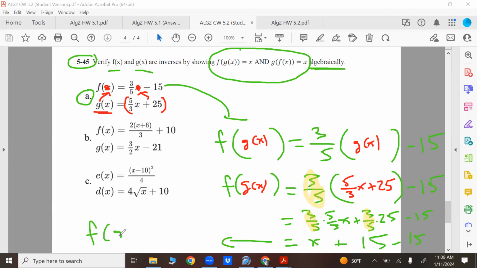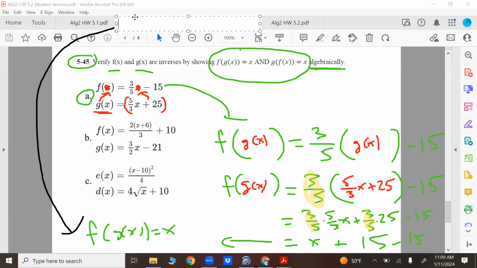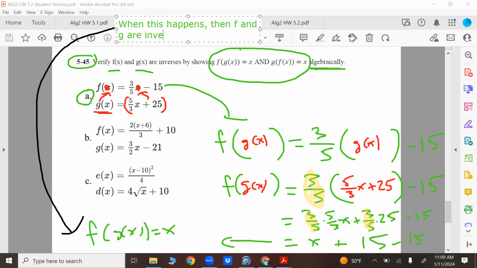So f of g of x equals x. Let me add a little note here. I'm running out of space. When this happens, then f and g are inverses of each other.